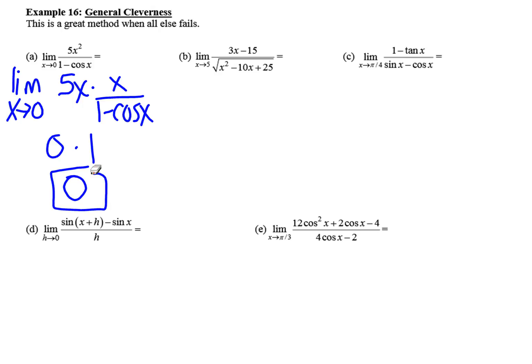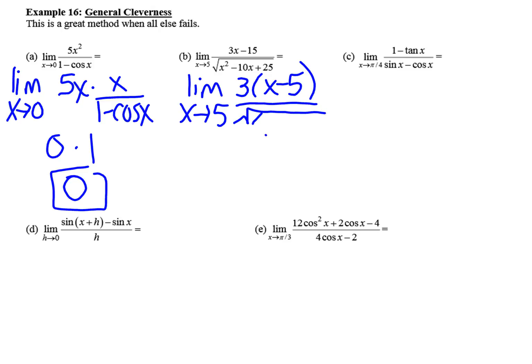Okay, trigonometric substitution in this case, I don't think it's going to work. So you have to be clever. And you think, oh, wait, I could probably factor out a 3 there. In the bottom, you have to be really clever. What is that factoring to? Well, conveniently enough, it factors into this.